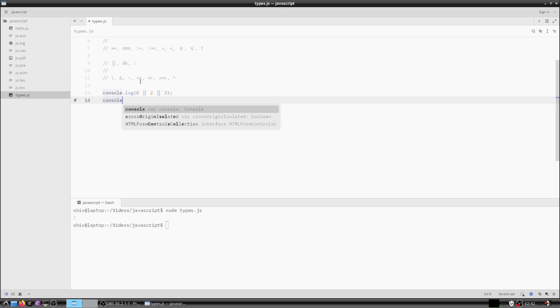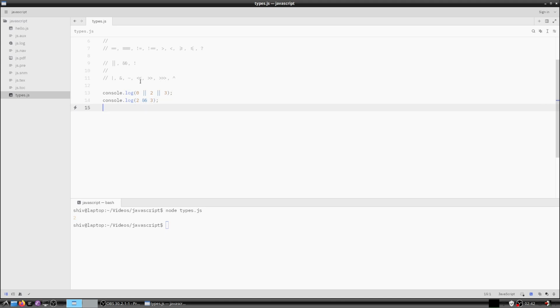Similarly, suppose we have 2 and 3. This is logical AND. What happens in this case? It becomes 3. Why? Because the AND operation cannot be short circuited until the end of input. Even if one of the inputs is false, the entire operation becomes false.